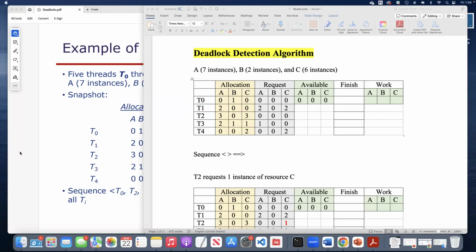Okay, now let's use the deadlock detection algorithm to see if a deadlock exists.